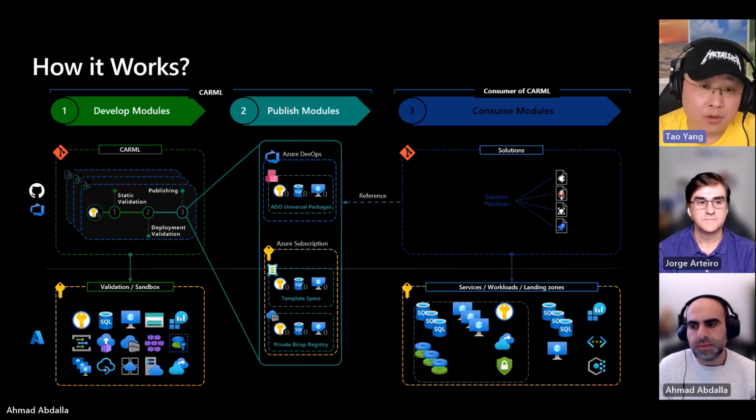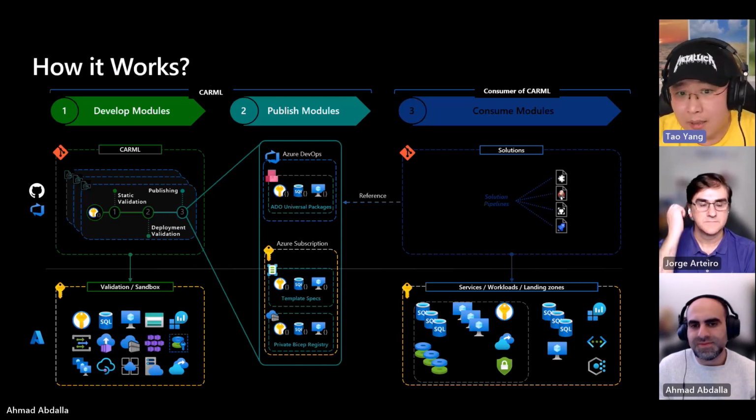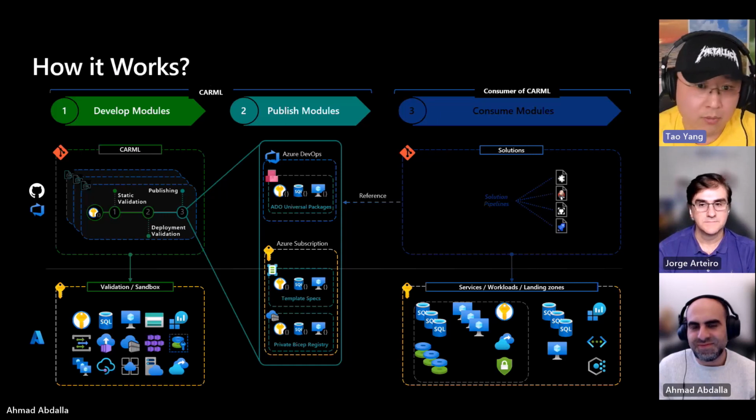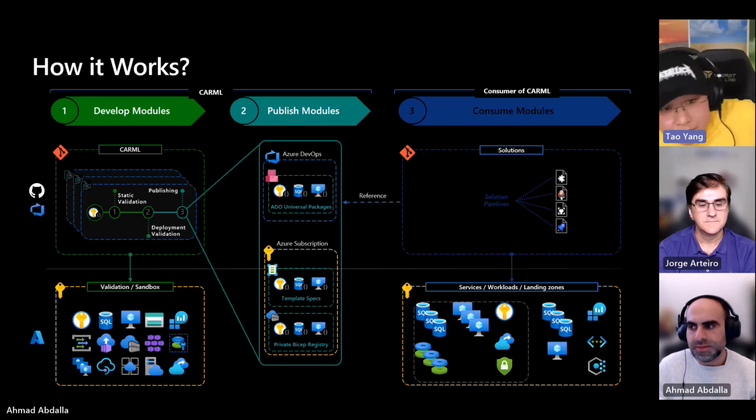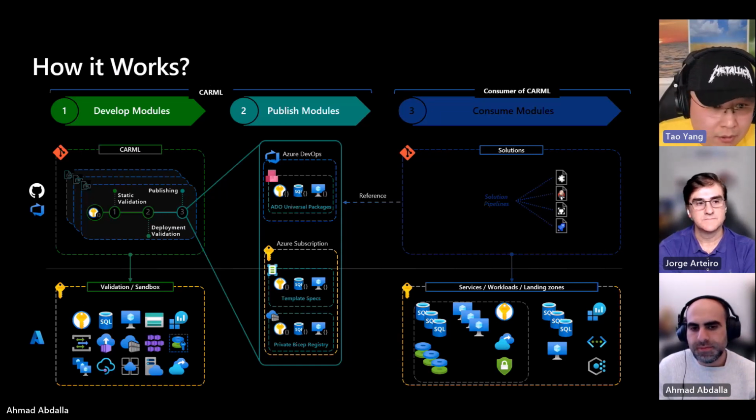That significantly reduced the amount of development time I needed to develop all those modules for customers' environments. I have full respect to the team that dedicated to this. If later on we have time, after Ahmad's demo, I can show you what I'm even using CARML for in my lab environment right now, so I can show you what I've done in my lab using CARML.